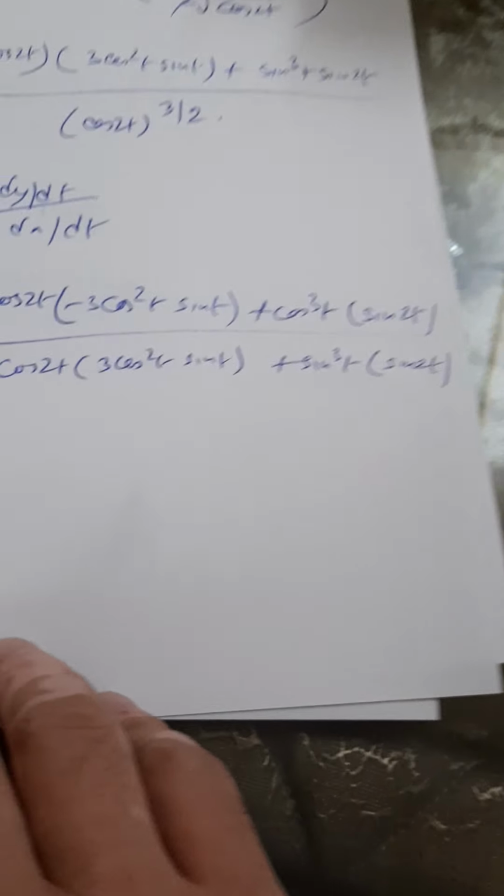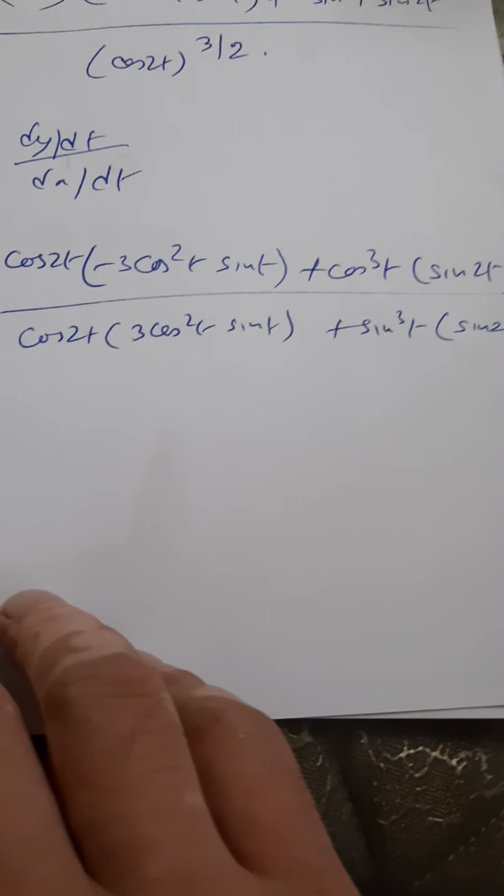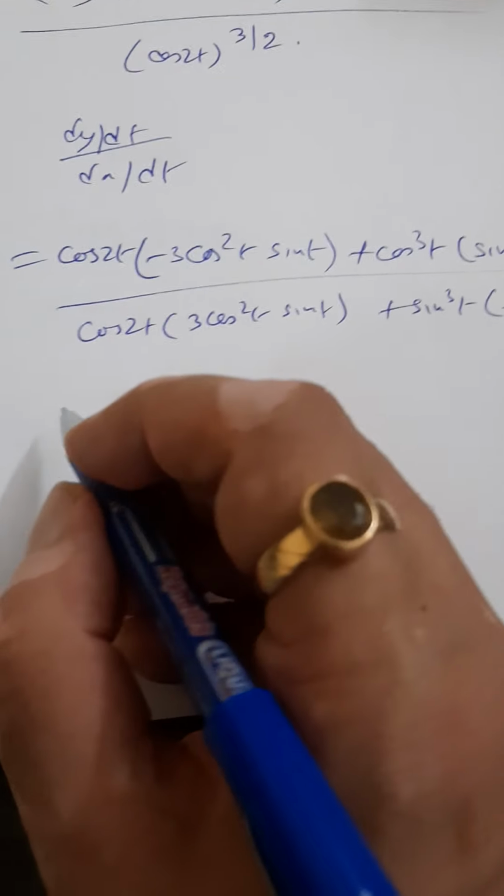So you have got this. Now you have to show that this equals minus cot 3t.